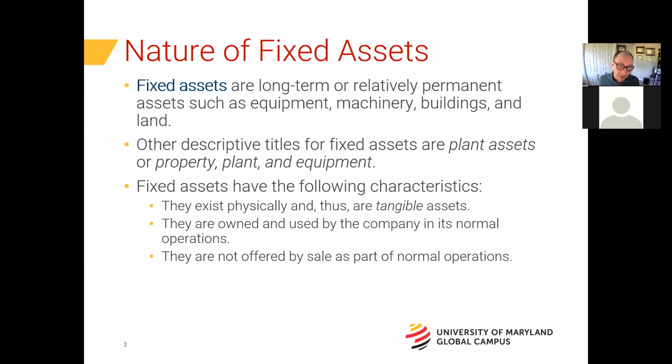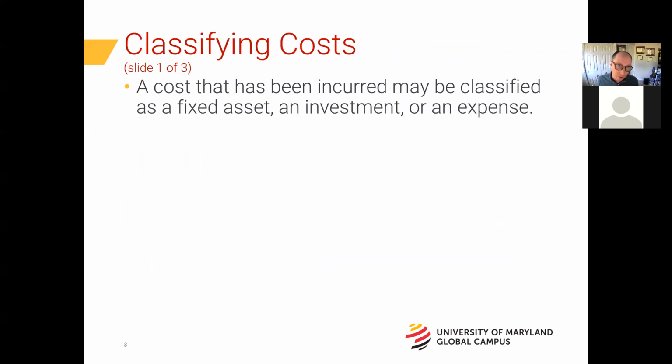So in other words, fixed assets are designed to help the business to generate revenue. That's the purpose of fixed assets. If a company is renting a building or leasing a building, or if they own the building, they're using that building to help generate revenue, then it is a fixed asset.